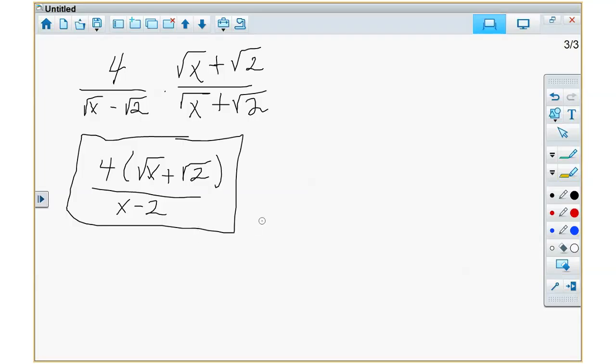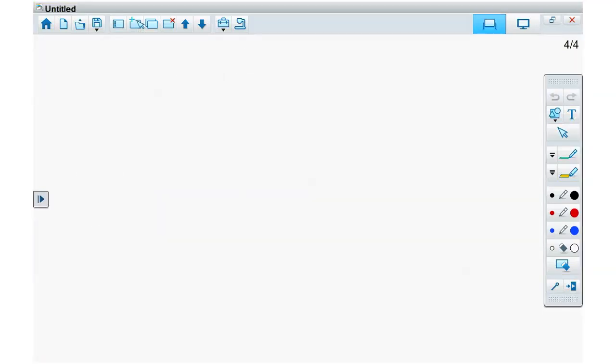Now, the only other question I had yesterday was, and then we'll get to a few homework questions that I got, was complex rational expressions.